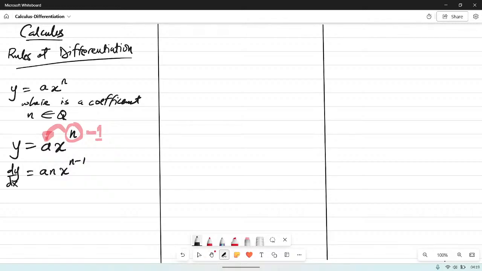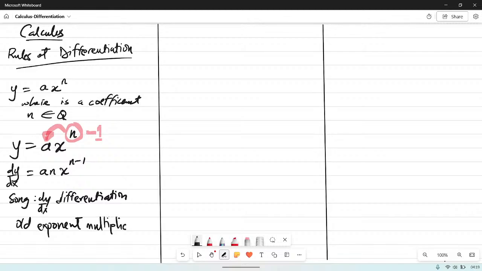So now let's go over again. The dy/dx differentiation, old exponent multiplication, right?